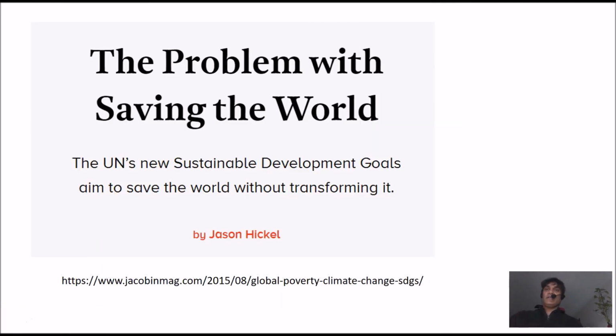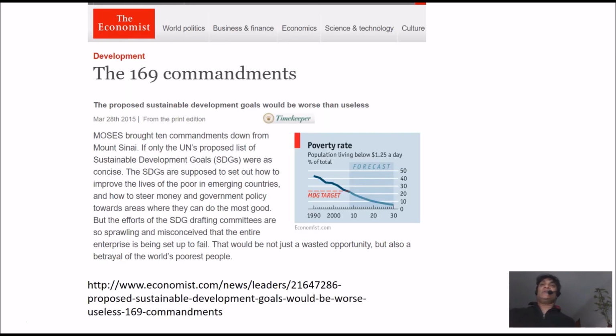Meanwhile, this article talks about how the SDGs focus on saving the world without transforming it. So there are no particularly transformative ideas in this list, just ideas around how to measure things differently. A transformative change would be rethinking what the economic model is, maybe a non-growth economy, but I'm getting off on a tangent here.